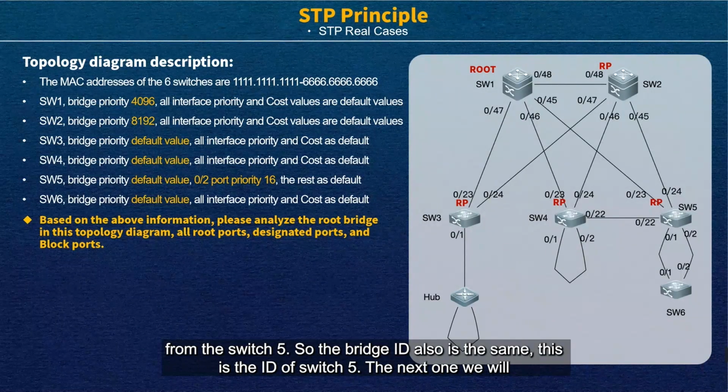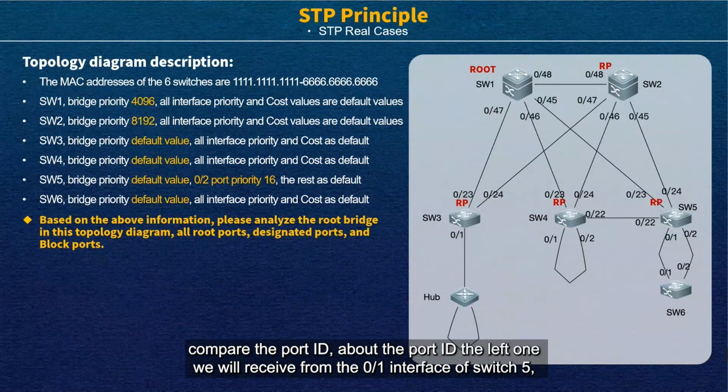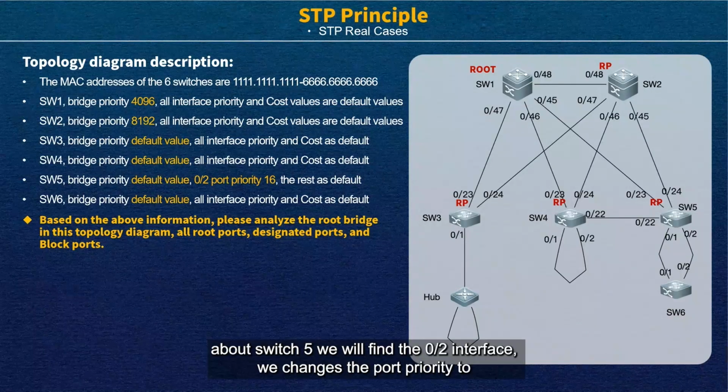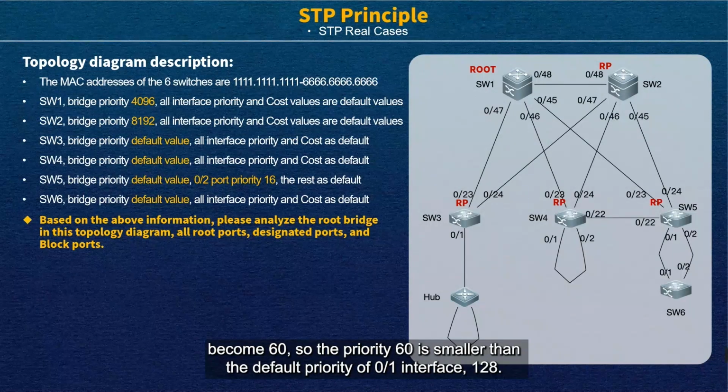The next one, we will compare the port ID. About the port ID, the left one we receive from the first interface of switch 5, and the right one we receive the BPDU from the second interface of switch 5. But about switch 5, we changed the port priority of the second interface to 16.